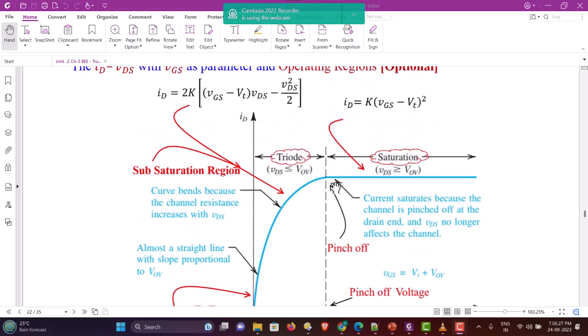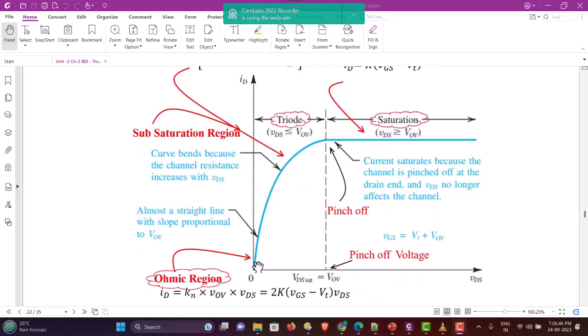Whereas in the sub-saturation region, also called the triode region or non-saturation region or ohmic region, the current relationship is given by 2K into (VGS minus VT) into VDS minus VDS square by 2. Whereas in the ohmic region, the lower portion of the characteristics here, the drain current ID is given by 2K into (VGS minus VT) into VDS.